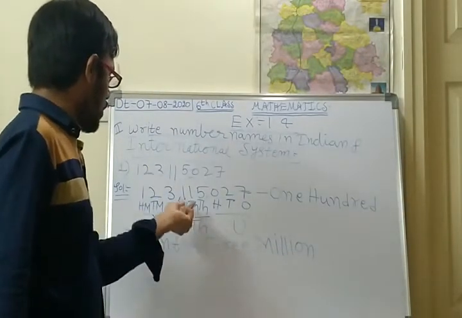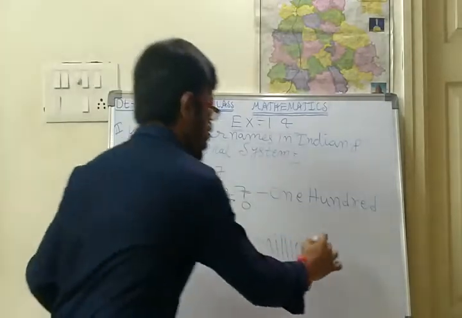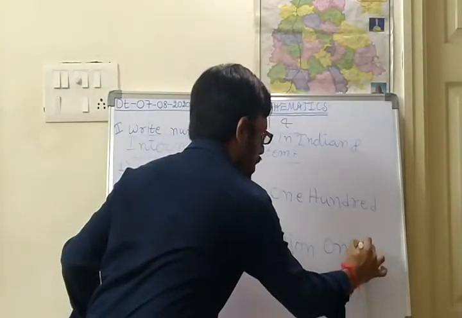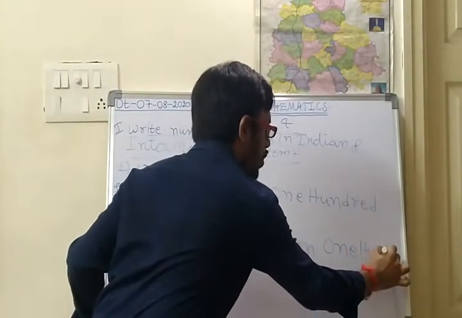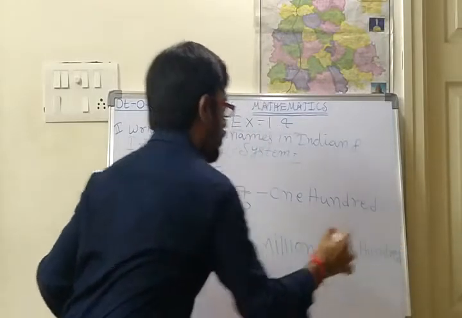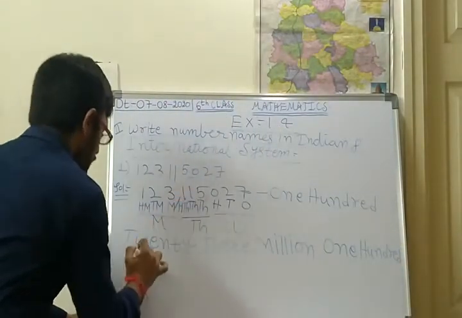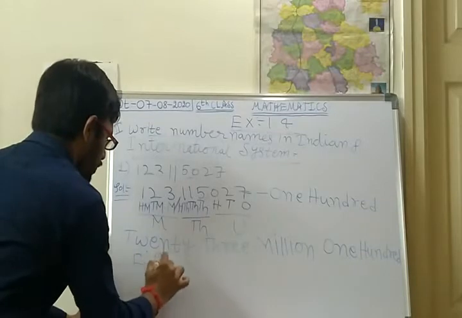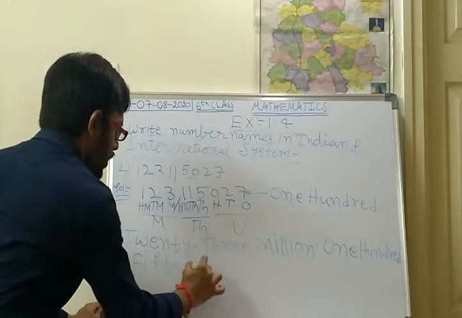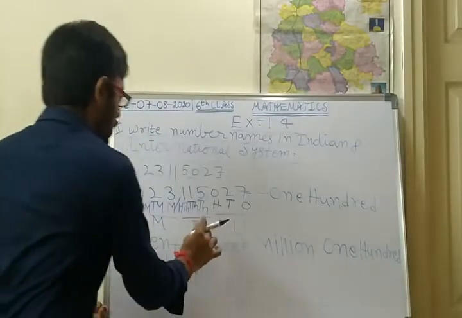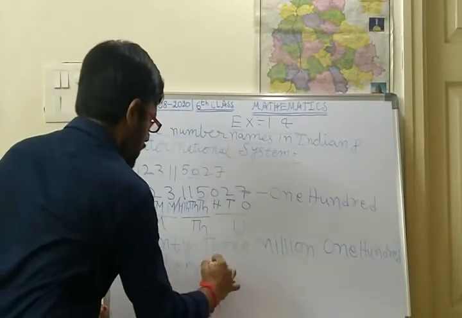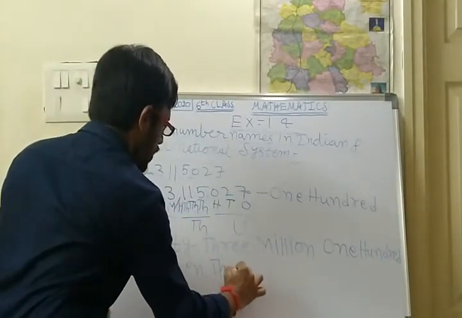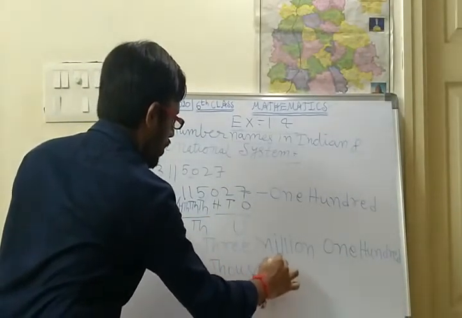So 115. 15 is 15. 115 is in the thousands category. So 115 thousand.